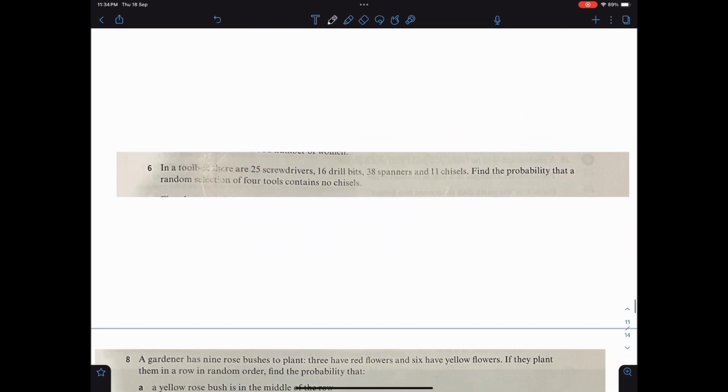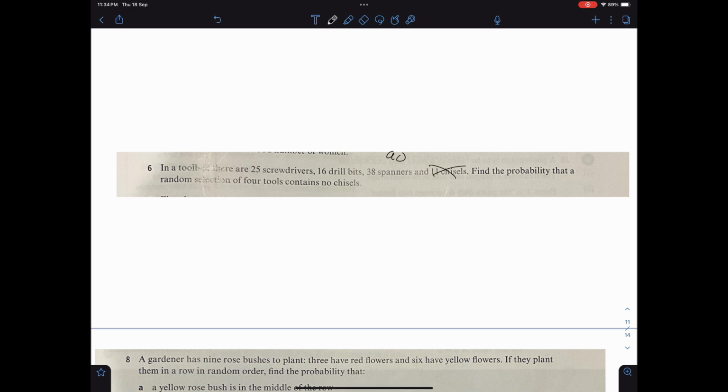Okay, and now in a toolbox there are 25 screwdrivers, 16 drill bits, 38 spanners and 11 chisels. So let's just figure out how many tools are actually in here. You got 90 tools. So, random selection of 4 tools contains no chisels.